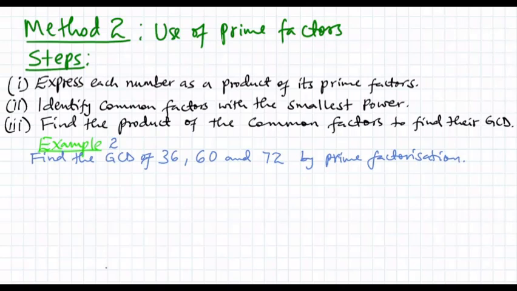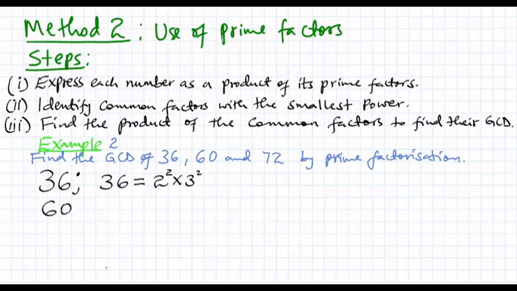So we have 36. We are going to express it as a product of its prime factors. That will be 2 squared times 3 squared.